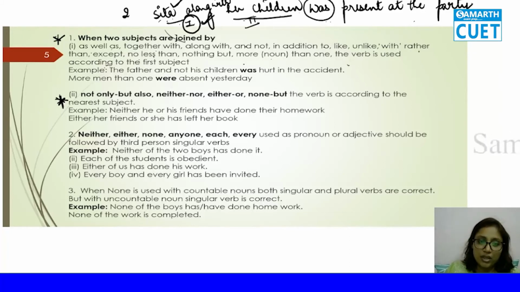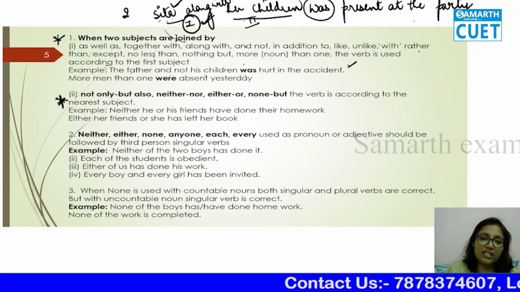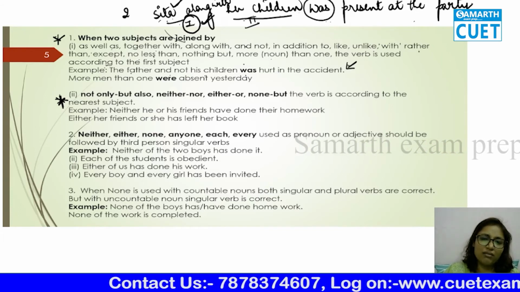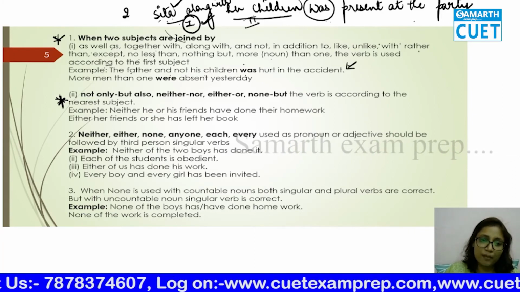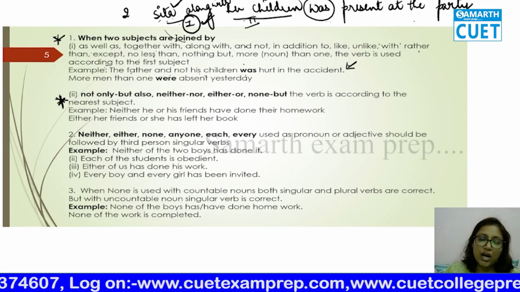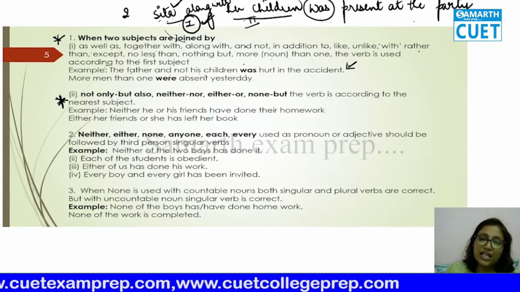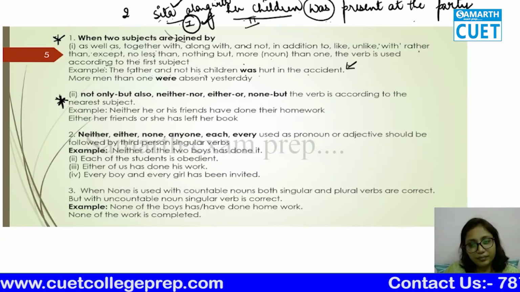Now, another example is "The father and not his children was hurt in the accident." Some accident happened, and the father and the children, more than one child, however many children there were, it is not mentioned, were involved. So we are saying, the father and not his children was hurt in the accident.